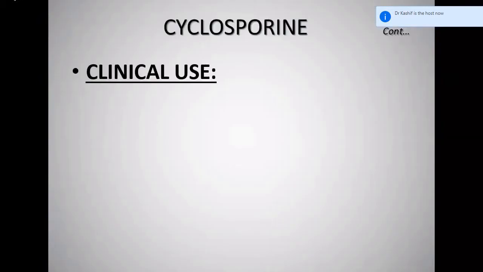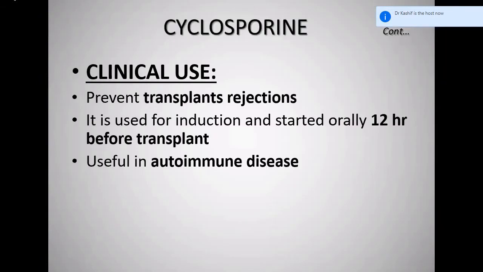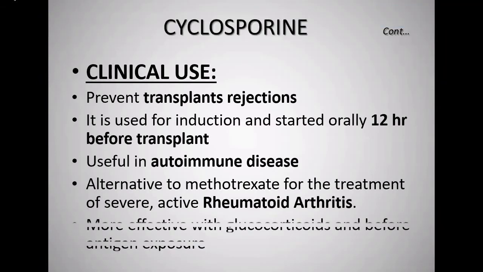Clinical use: as I described earlier, we are discussing this drug as an immunosuppressant in the scenario of transplant. Whenever you have a transplant, you need to suppress the immune system to avoid rejection of the transplant. So for transplant rejection, we use cyclosporine. Usually this drug is given 12 hours before the transplant in order to have a suppressed immune system.